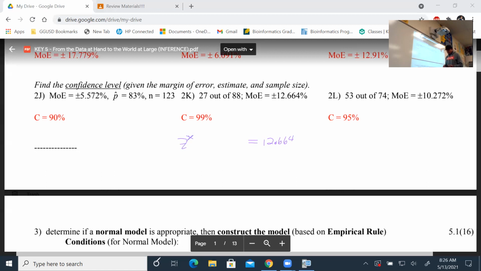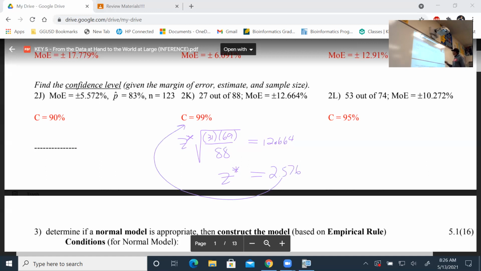So on my handheld calculator, I'm going to go 27 divided by 88, and that's about 31%. So I'm going to go 31.69 over 88. Okay. Multiply that through, and Z star is going to come out, I believe, 2.576. If I look on the chart, that's 99%.